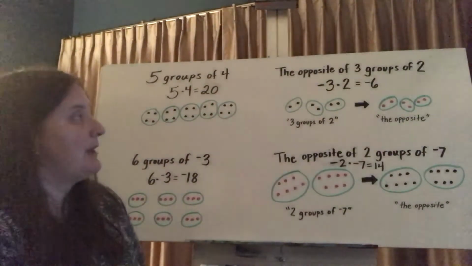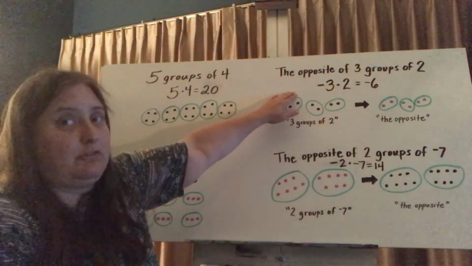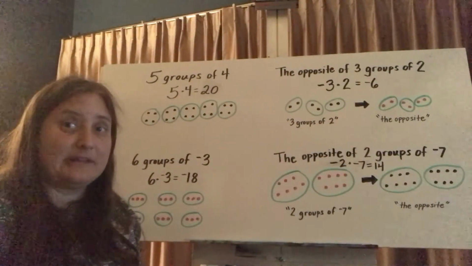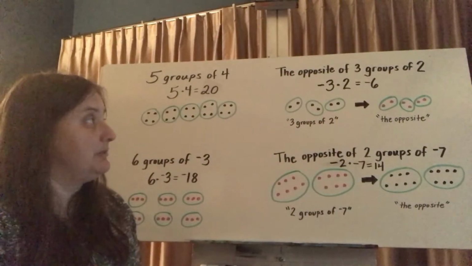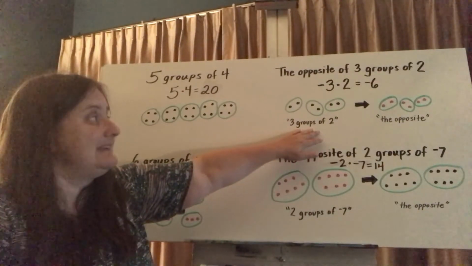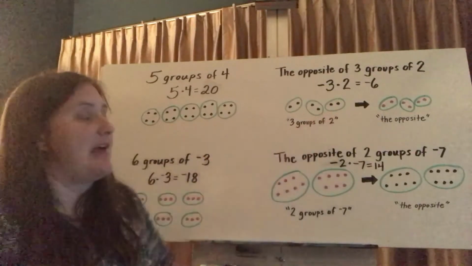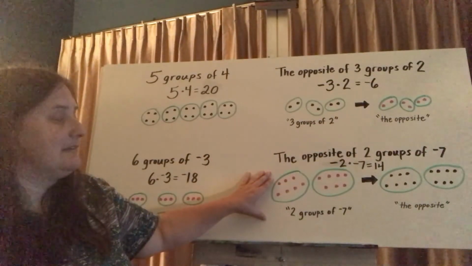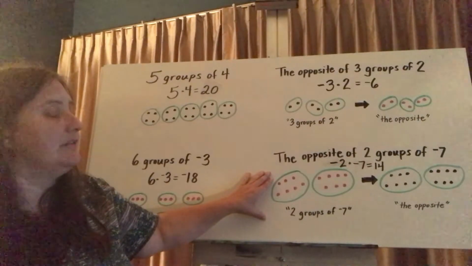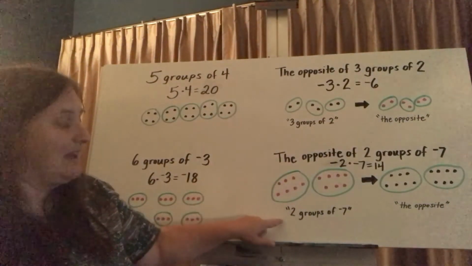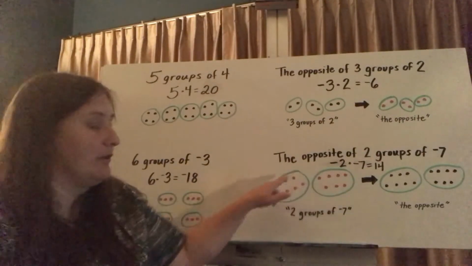When I see a problem like negative 3 times 2, I'm really being asked to find the opposite of having 3 groups of 2. Well, 3 groups of 2, as we can see here, is 6. The opposite of that is negative 6. Here, we're being asked to find the opposite of 2 groups of negative 7. 2 groups of negative 7 would be negative 14.